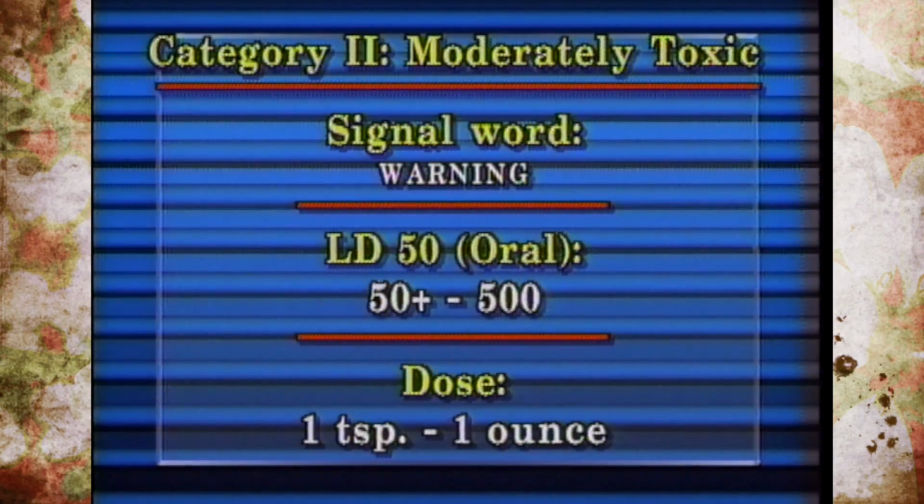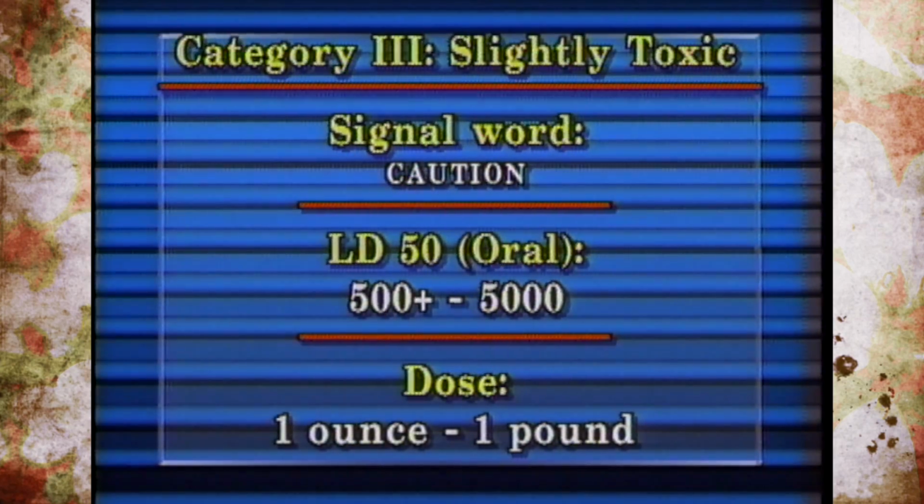The next category would be moderately toxic, which gives the label signal of warning, and that number, LD50, would be 50 plus to 500, and that's anywhere of a dose of around a teaspoon to an ounce. Next category would be slightly toxic, it gives you the caution signs, and the number would be 500 plus to 5,000, and that's about an ounce to a pound of chemical.